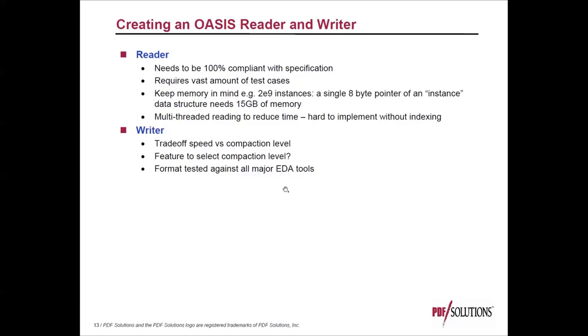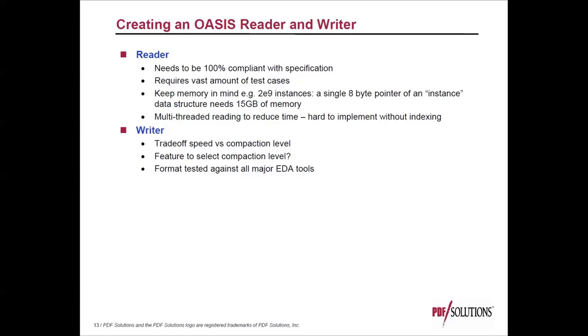Maybe there's something like multi-threading, which could potentially reduce time, but it's harder to implement, especially for that file, without having any kind of indexing, so that you can jump over things you're not interested in. You would need to have a single pass of reading this file first to make your index table, and then dynamically parse it multi-threaded.